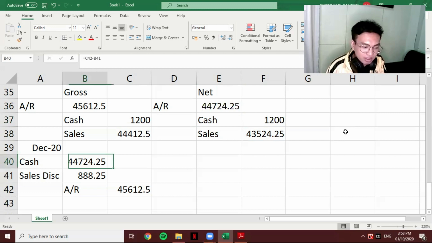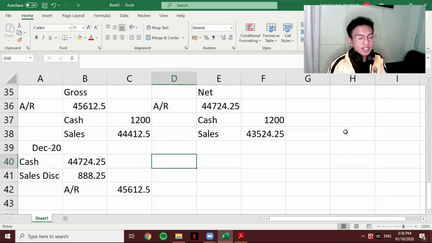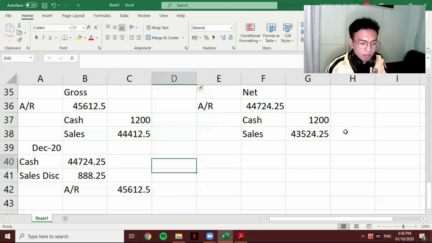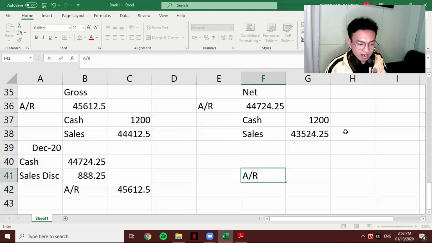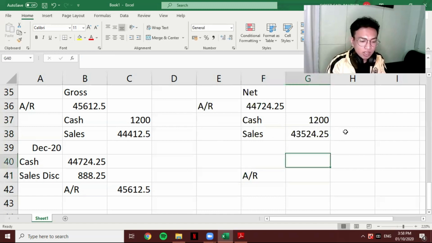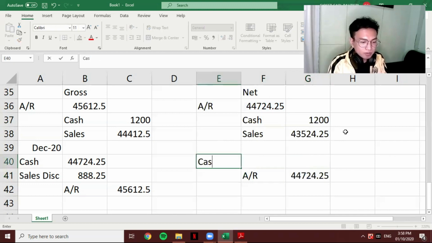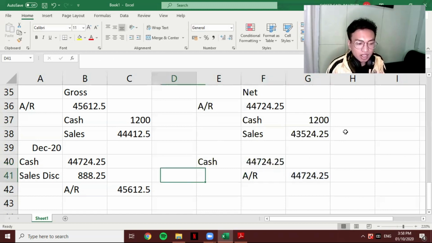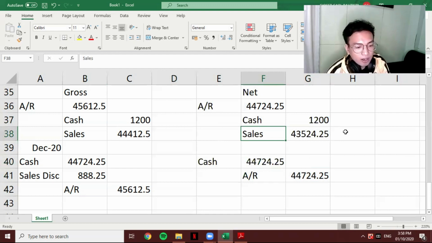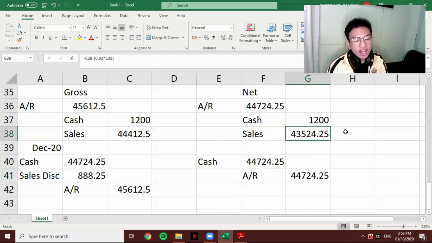May nakikita bang pattern? Parehas, no? And on December 20, since nagbayad sila within the discount period, our AR will be collected ng buo lang, for 44,724.25. And wala na tayong ide-deduct na kahit anong cash discount since it's already been deducted onset of our sales, kahit hindi pa niya nakikita kung matitake niya ba or hindi, as if nabigay niya na yung sales discount.